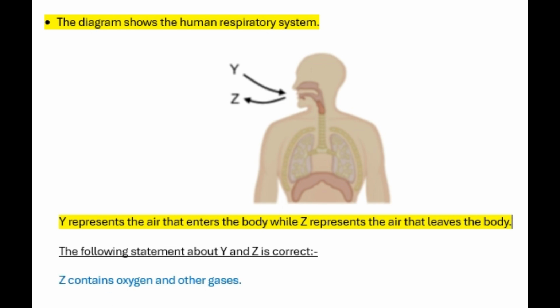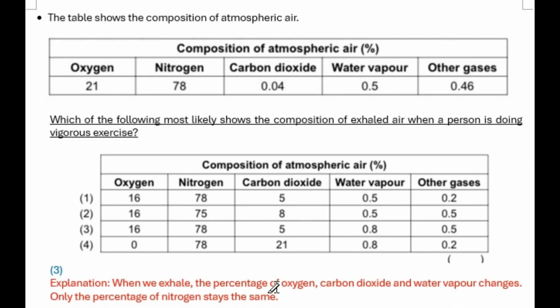Z contains oxygen and other gases. The table shows the composition of atmospheric air. Which of the following most likely shows the composition of exhaled air when a person is doing vigorous exercise?